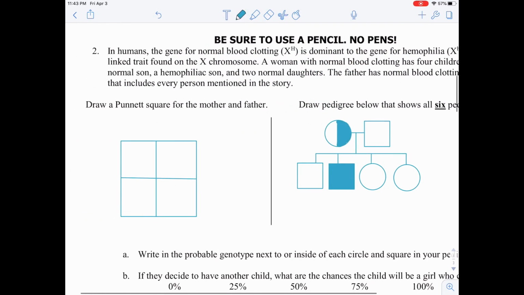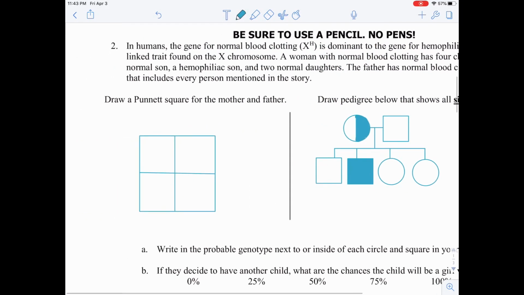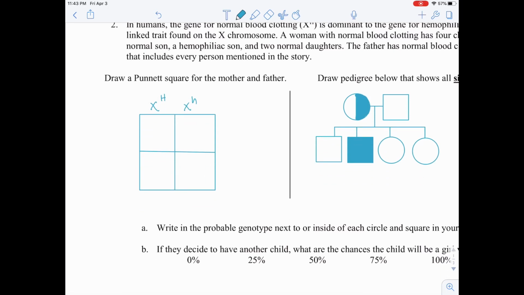So now that we know that the mom is a carrier, her genotype will be X big H, X small h, and the dad's genotype will be X big H and Y.